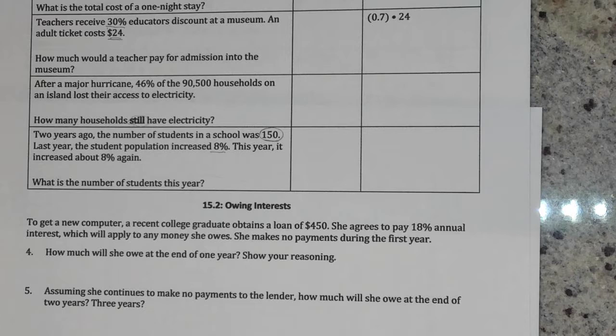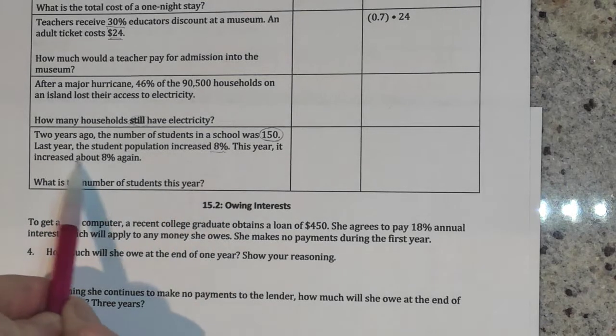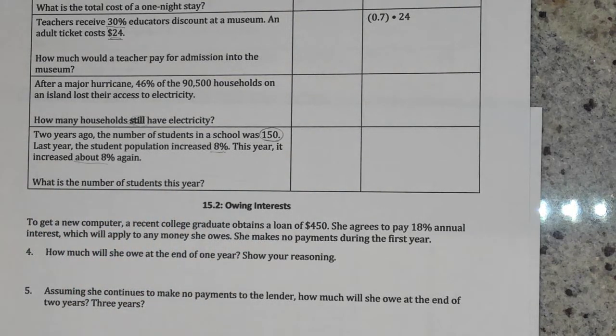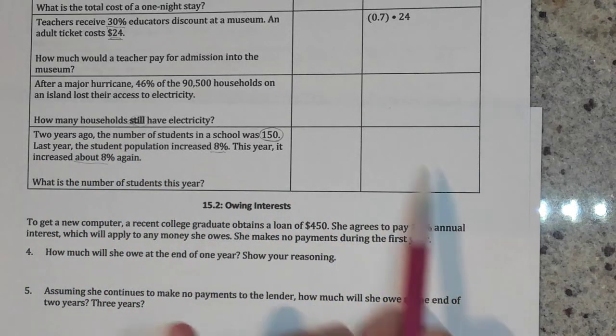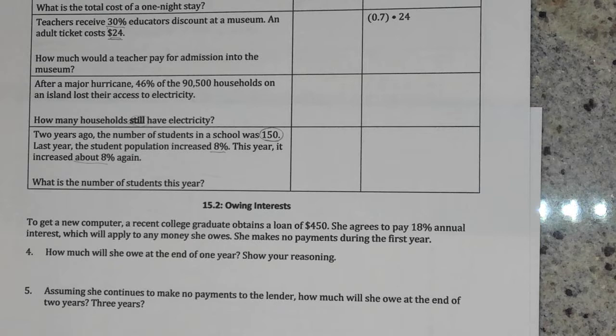This year, it increased about 8% again. What is the number of students this year? So now we're looking at 2 years of students that we're going to have to deal with. So what I'd like you to do is try this, see what you can come up with. I will show you how I put it together and how I was able to simplify it in that second box right there.